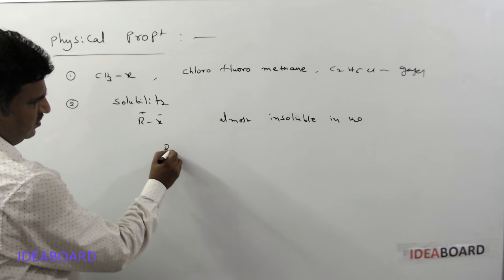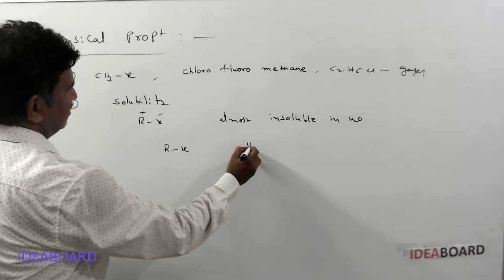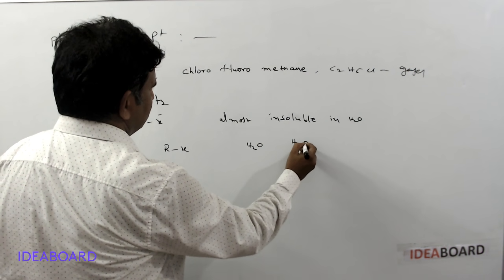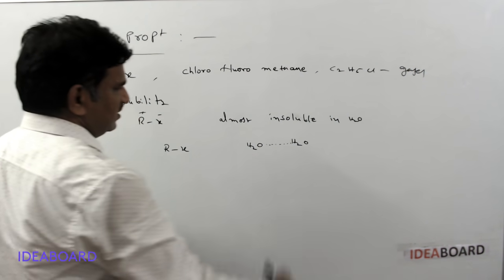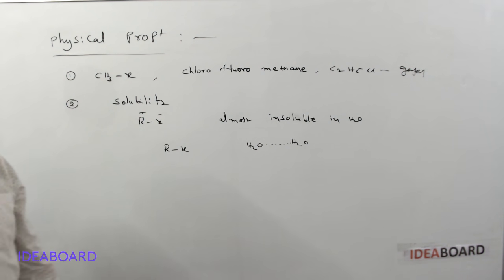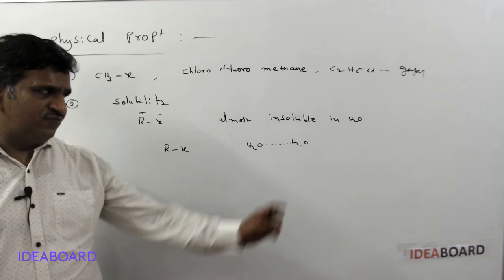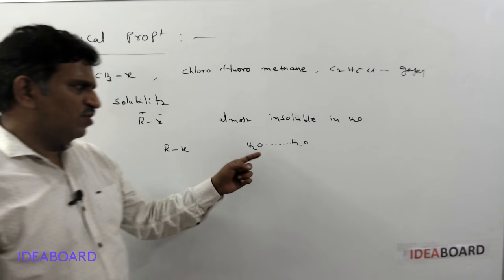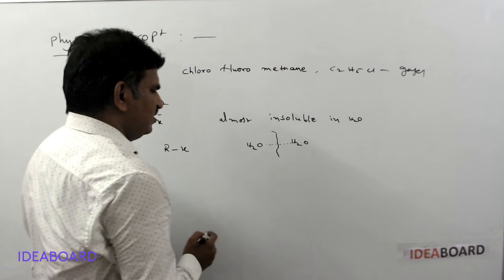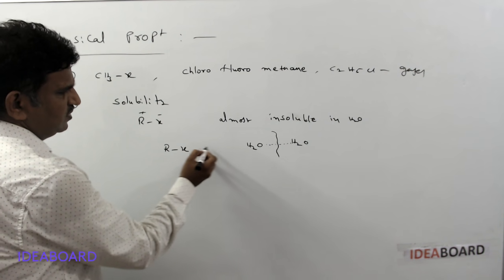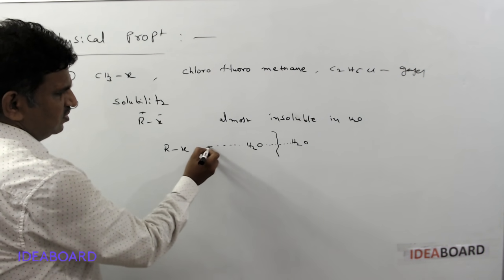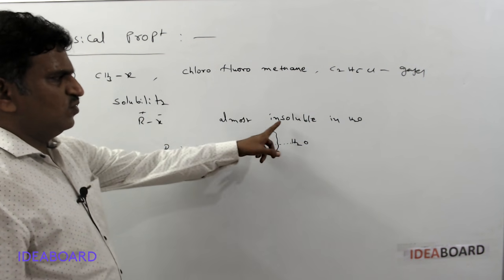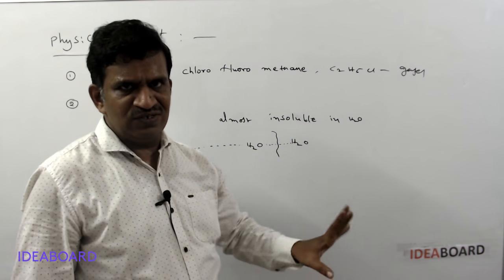Because suppose R-X is taken, and here is an H2O molecule. Generally between H2O molecules, what is present? Yes, there is a hydrogen bond. If that hydrogen bond is broken and a bond is newly formed between water and alkyl halide, then it is called soluble, not insoluble.